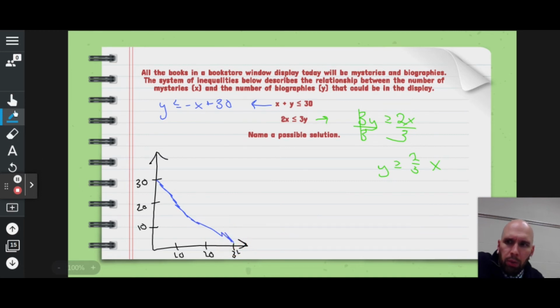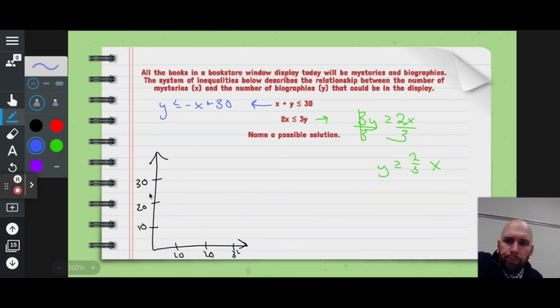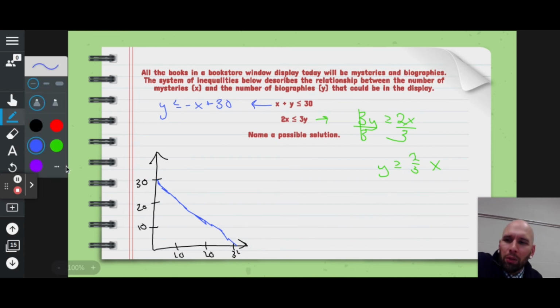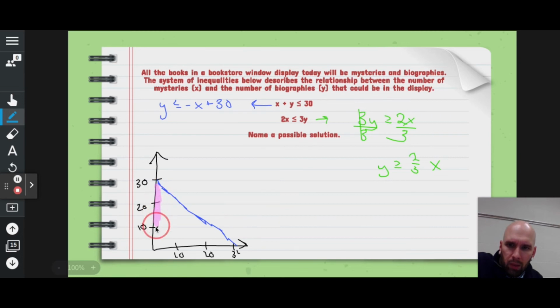Let me try that one more time. I'm basically connecting 30 to 30. Not to be confused with 34, 30. Nah, forget it. I want everything less than or equal to, so I'm going to shade underneath that. Great. Now, the other one, I'm going to graph that in green.